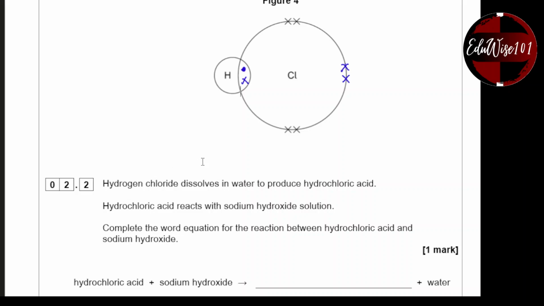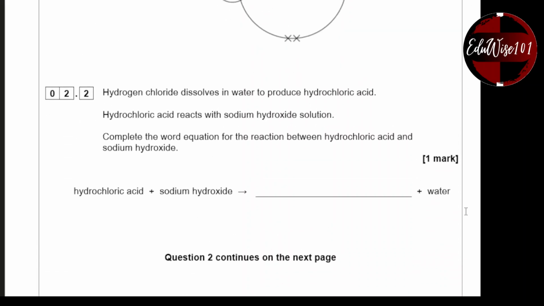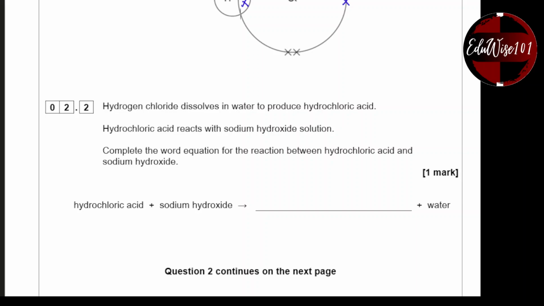Hydrogen chloride dissolves in water to produce hydrochloric acid. Hydrochloric acid reacts with sodium hydroxide solution. Complete the word equation for the reaction between hydrochloric acid and sodium hydroxide. So we have an acid and an alkali here. So the acid plus the alkali will always give you the salt plus the water.